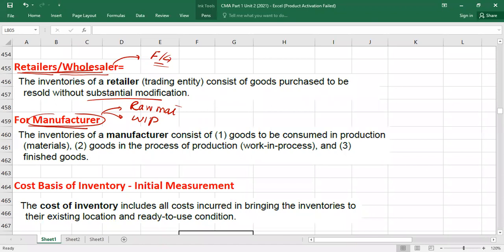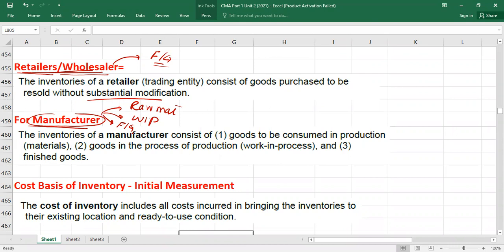And third shape, you might have some goods in shape of finished goods also. For example, Toyota Corporation might have some cars as a ready product, but these cars are not yet sold. These are unsold with them. So this is what is called your manufacturing type of businesses, right?